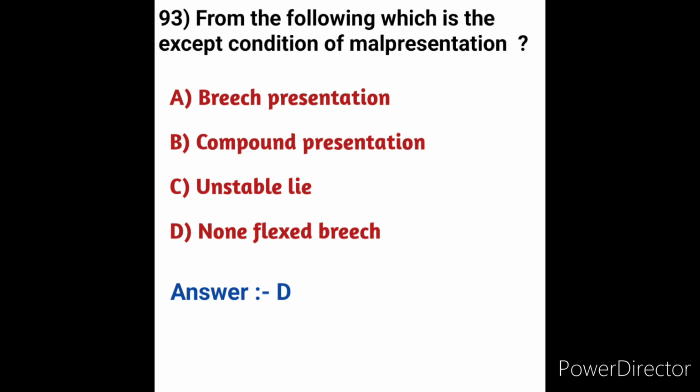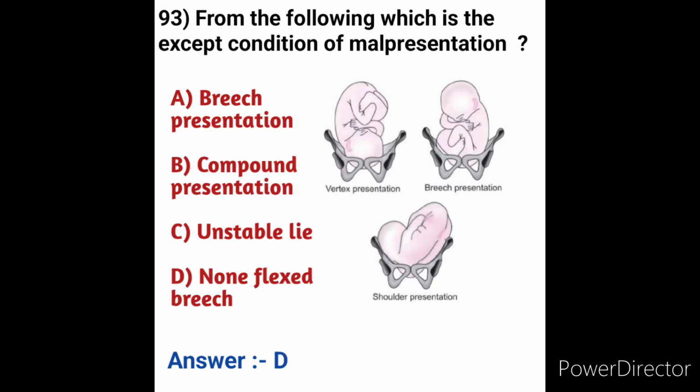Here breech presentation is a malpresentation, and compound and unstable lie are also malpresentations. But here option D, non-flexed breech, is the exception in malpresentation. Here we can see some of the presentations: the vertex presentation, breech presentation and shoulder presentation. These all are presentations in pregnancy. Next, move on to question number 94.